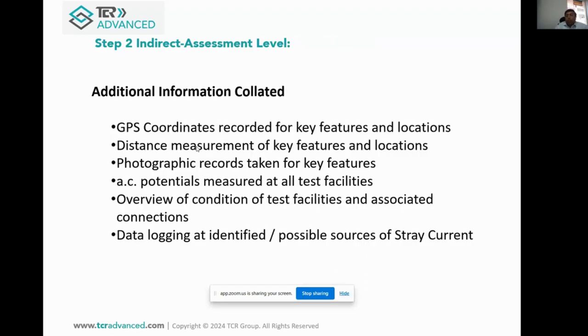During these types of survey, you can also collect additional information like distance measurement, photographic records, AC potentials, overview of the conditions of test facilities, and possible sources of stray current.